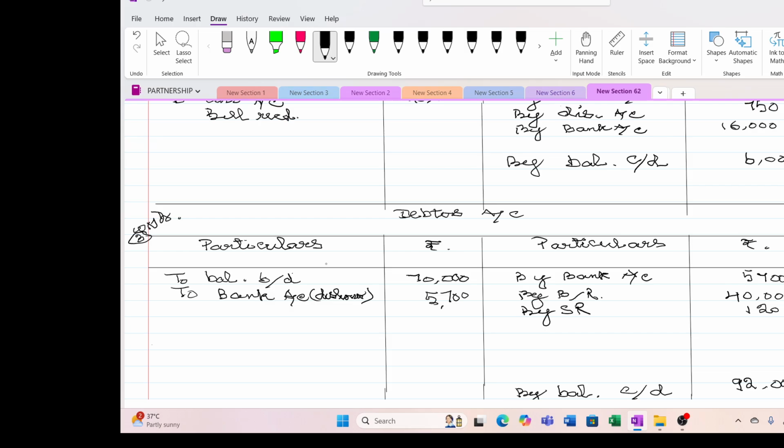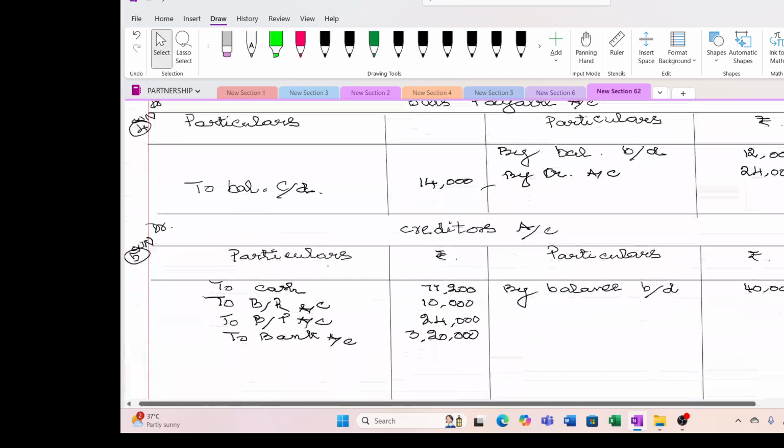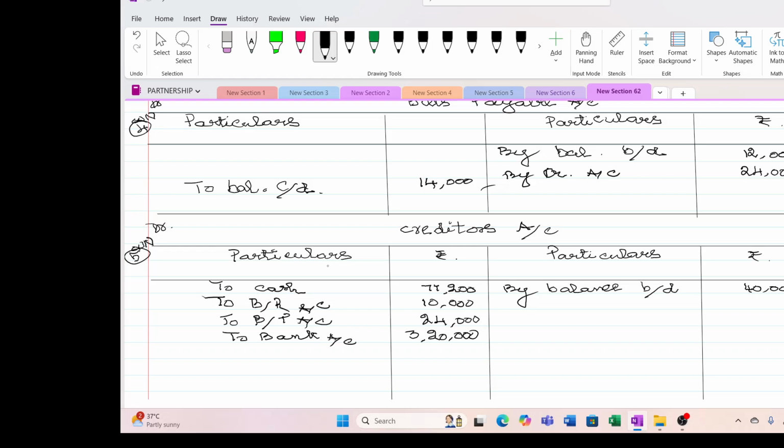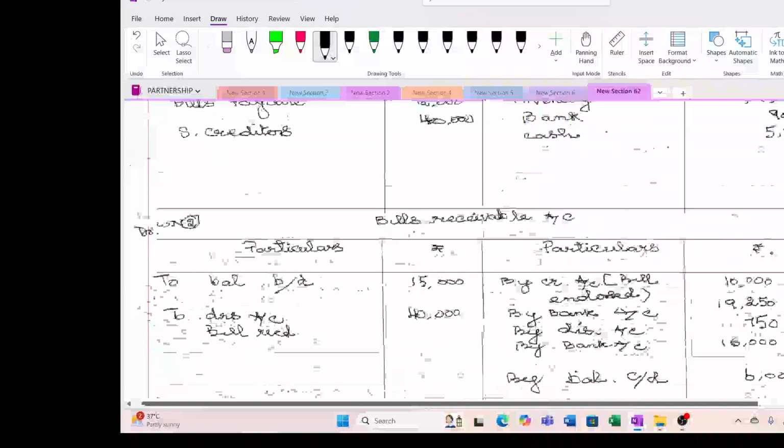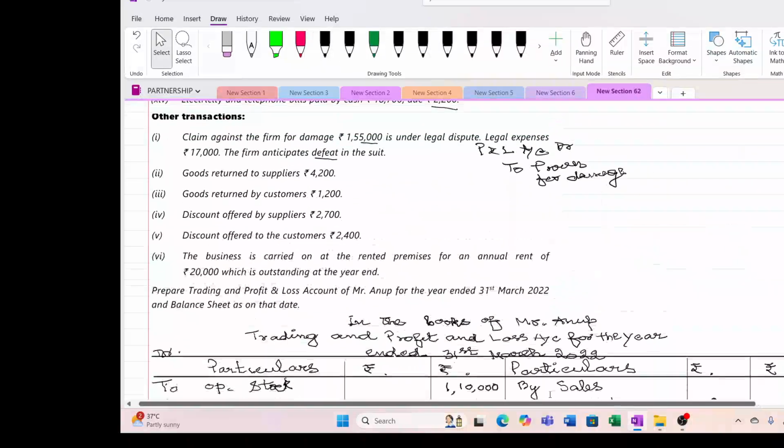Okay, and the purchases return will go to creditor account to purchases return 4,200. Okay, we have entered it in your trading account as well as this one.